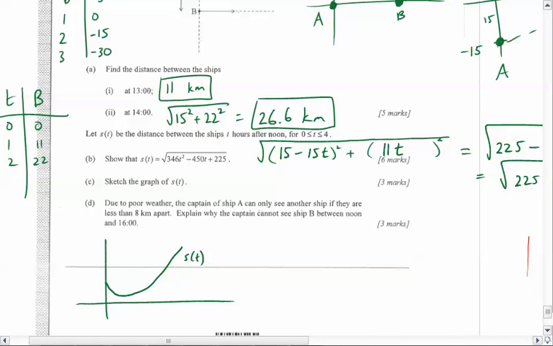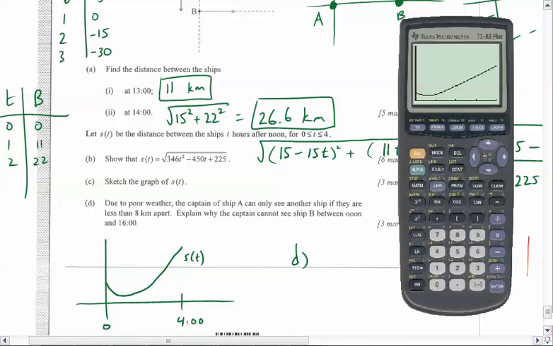Now, due to poor weather, the ship can only see another ship if they are less than 8 kilometers apart. Explain why the ship cannot see the other ship between 0 and 4 o'clock, or 16 o'clock. So does this graph ever get less than 8 kilometers?